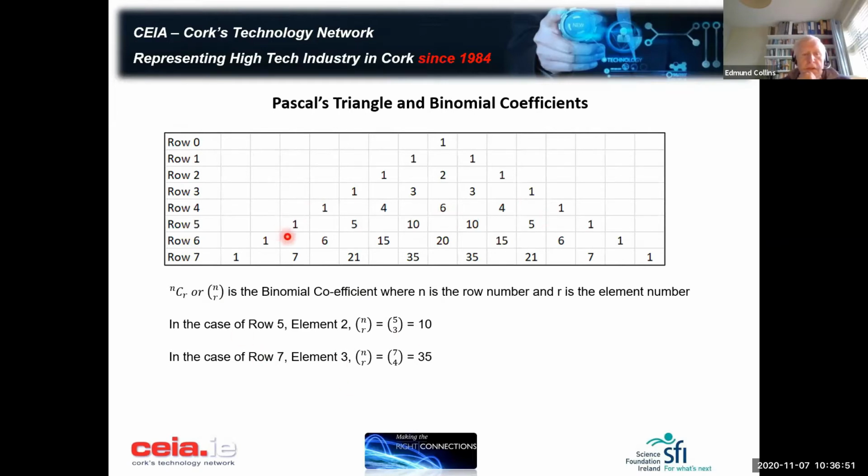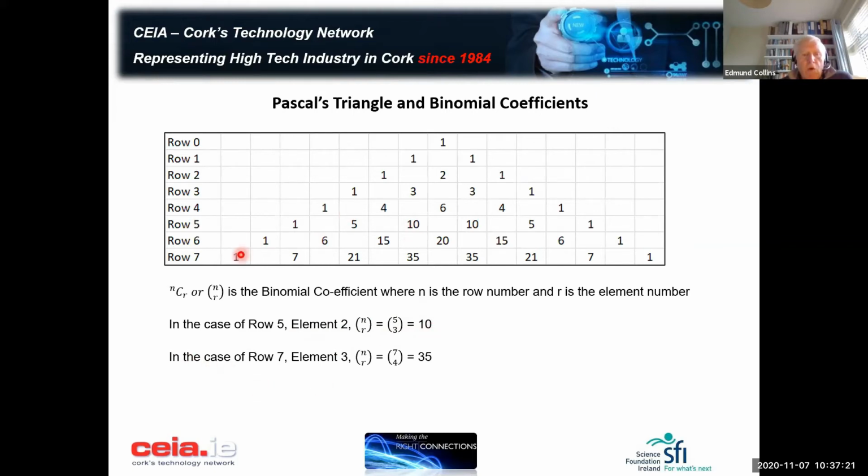So let's look at the case of row 5, element 2. If we key in n equals 5 and r equals 2, then we get 10 here, which corresponds to the number in Pascal's triangle.